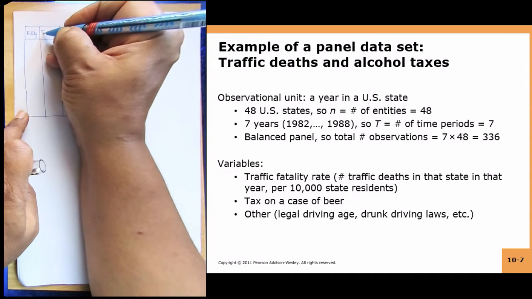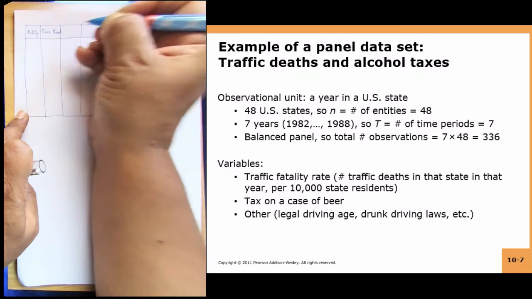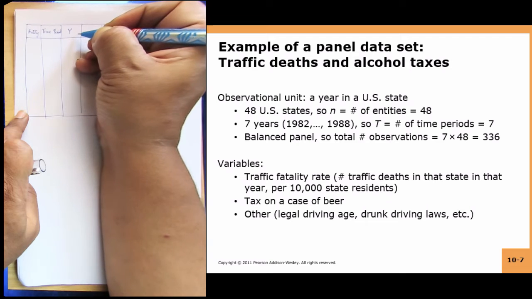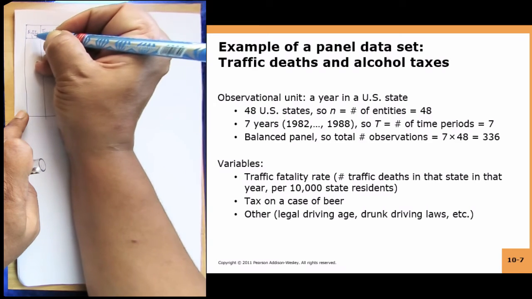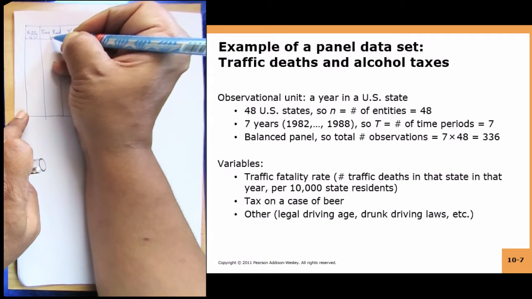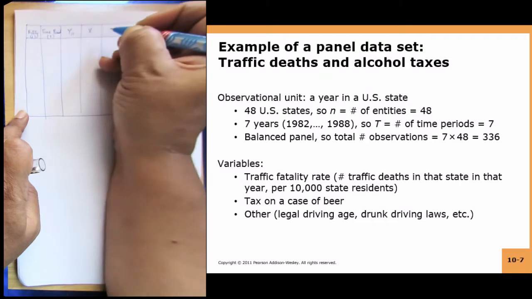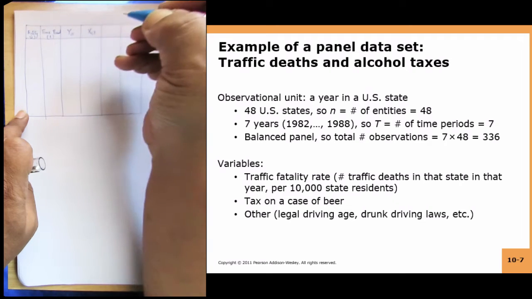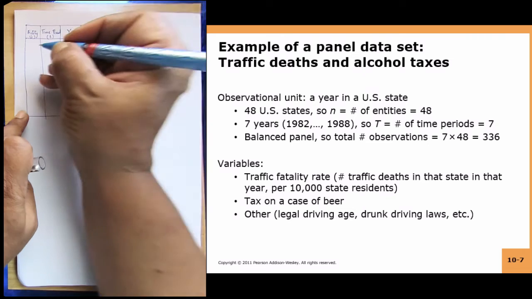The second column is for the time period. This column is for the y variable and this column is for the x variable. Entity is denoted by i and time period is denoted by t. Each dependent variable is for the ith entity and the tth time, and the independent variable is also for the ith entity and tth time.